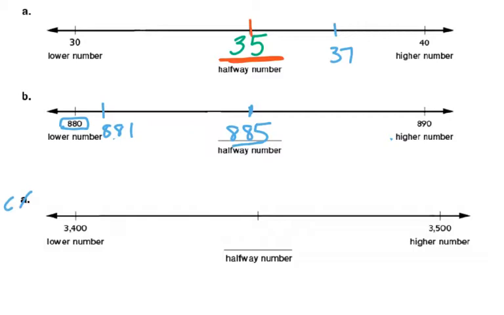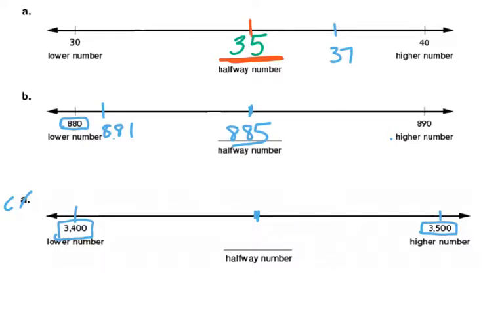This should say C. On the left side, please write 3,400. And then on the far right side, 3,500. Remember to stop the video as needed. Now go ahead and draw a dash or a line halfway between those two numbers.